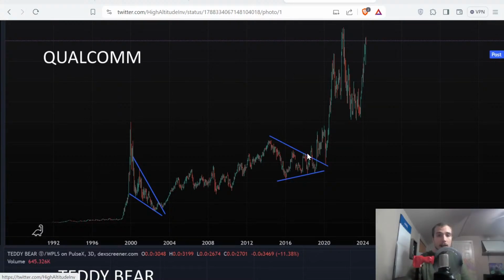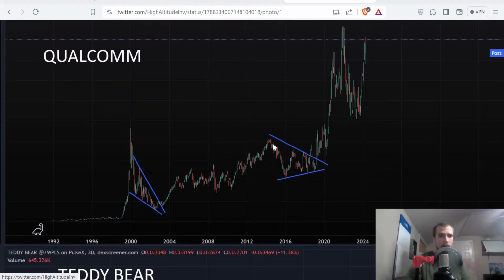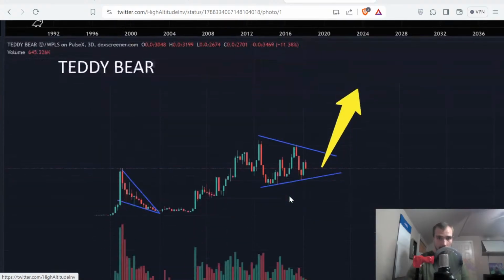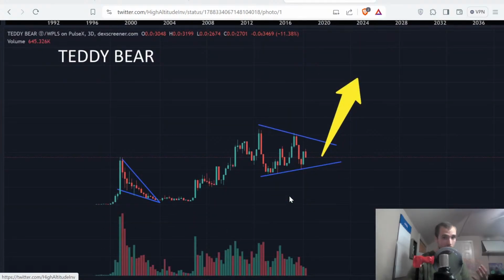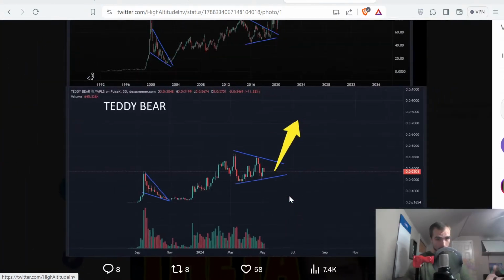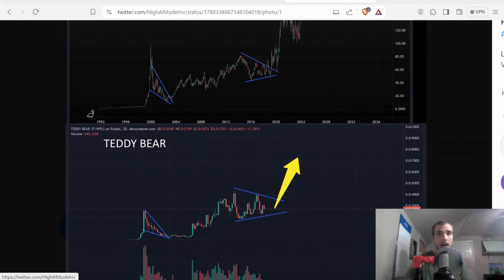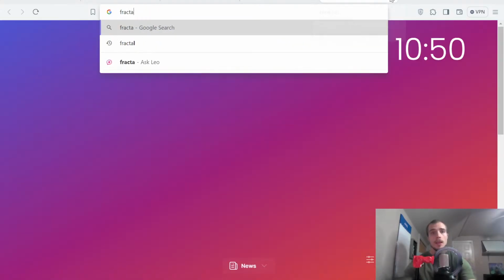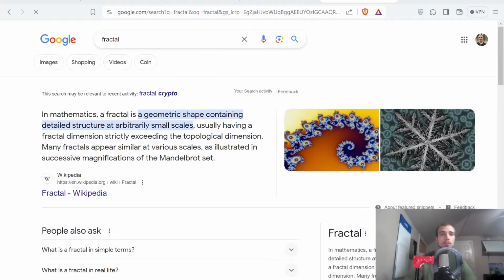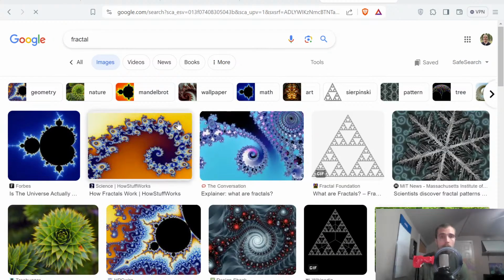And Litecoin is basically right here again, too, in that triangle pattern. It fell just a little bit lower, but it's the same human psychology. Teddy Bear is the same human psychology as Qualcomm. Now, people tell me this doesn't work, and I tell you it does. And I don't say that to be rude. I'm just telling you guys, this really does work.